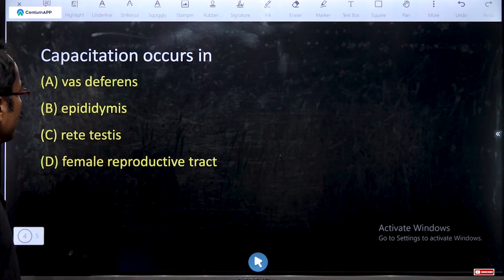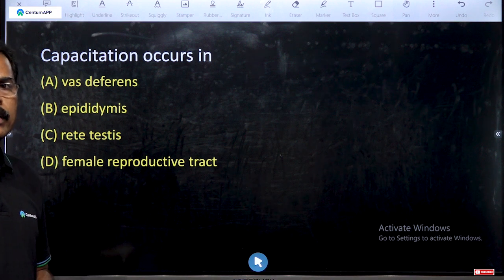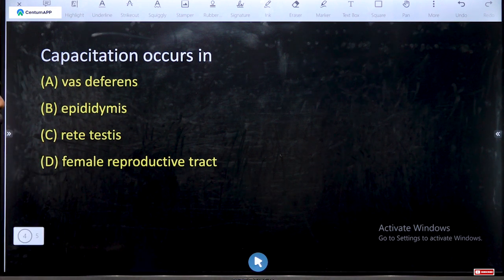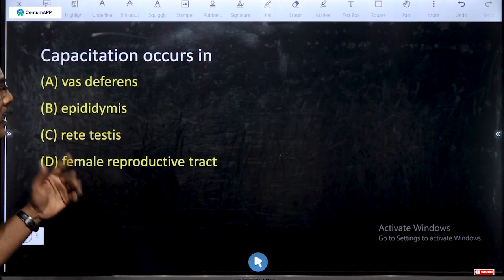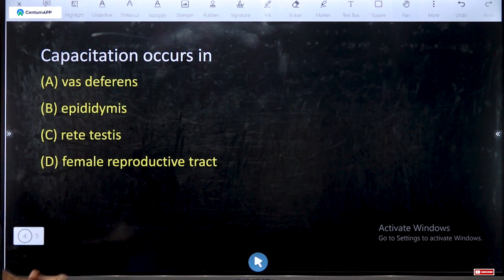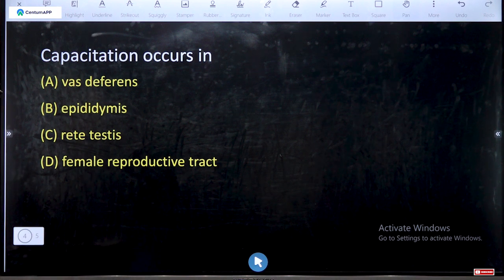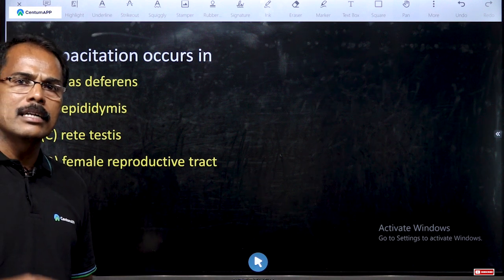Let us see, vas deferens, epididymis, rete testis are parts of the male reproductive system. In the vas deferens the sperms are transported, and in the epididymis the sperms are stored and get matured, and the rete testis is the part which transports the sperms.